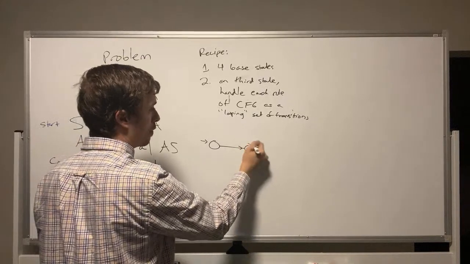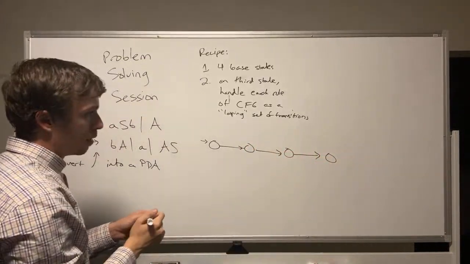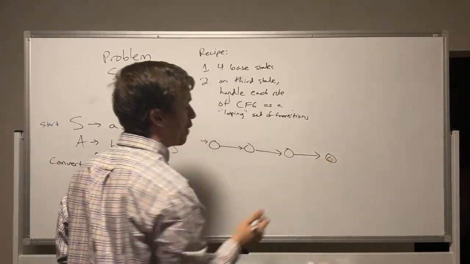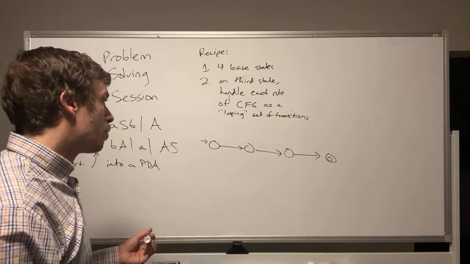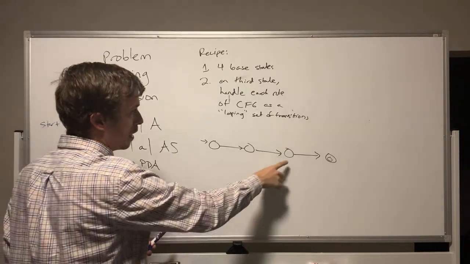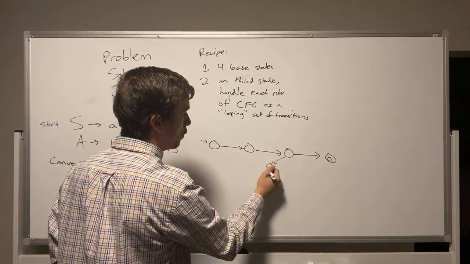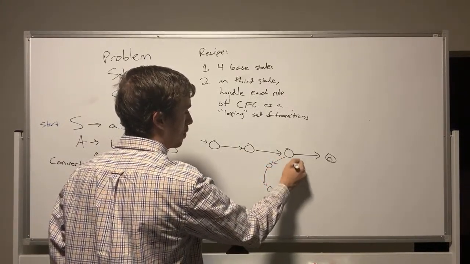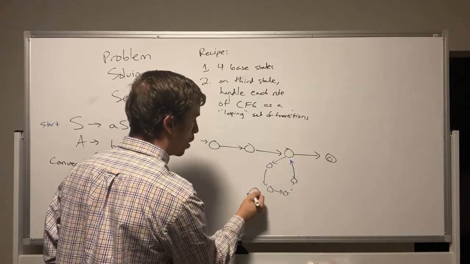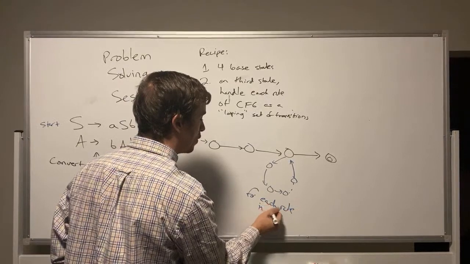So we're going to have 4 base states like this, and the last one's going to be a final state. That's the only final state in the whole thing. Then for each rule, we're going to have a bunch of transitions that go out like this. So something like this for each rule in the CFG.